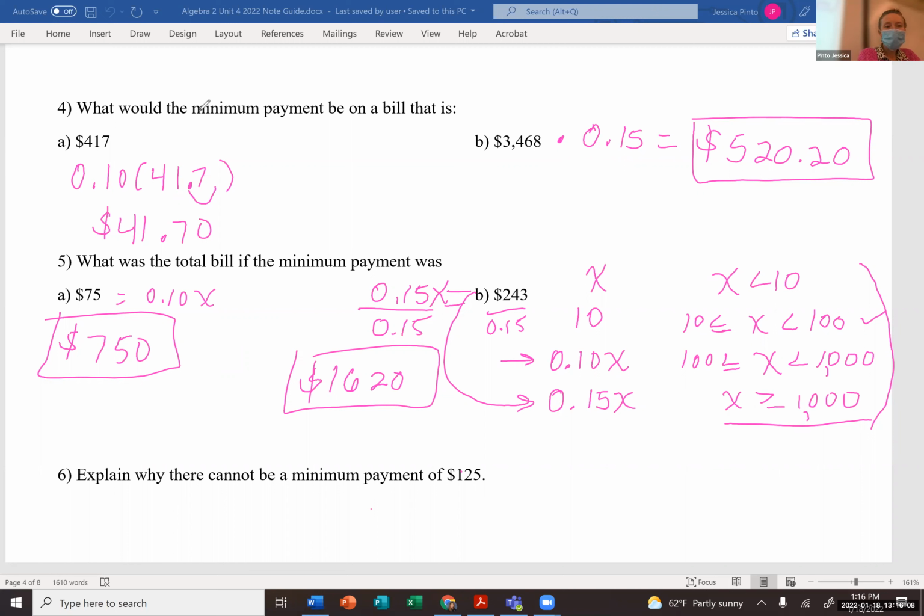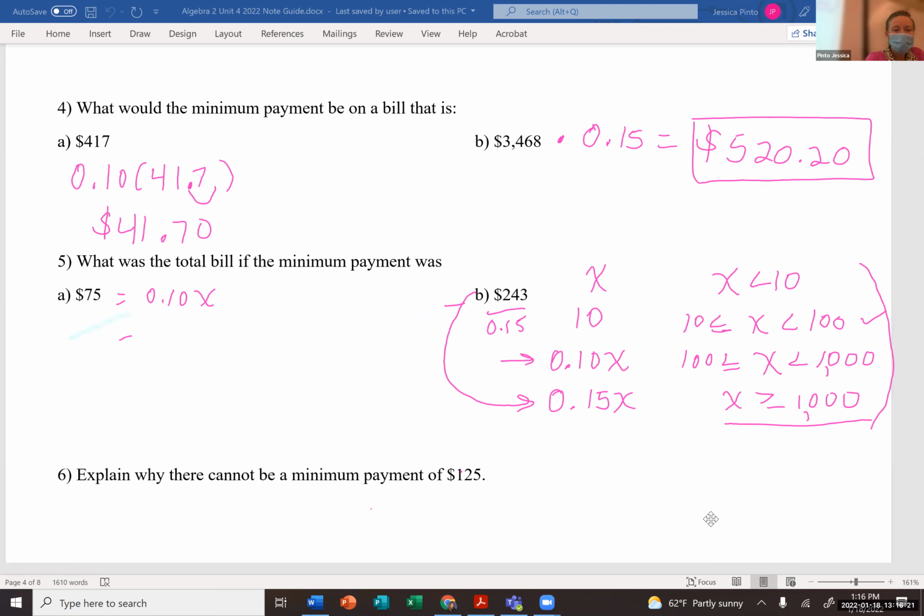And then our final question is explain why there cannot be a minimum payment of 125. Okay. So I'm going to do the last two groups. Can I scroll down at all? Using my mouse. Yes, I can.